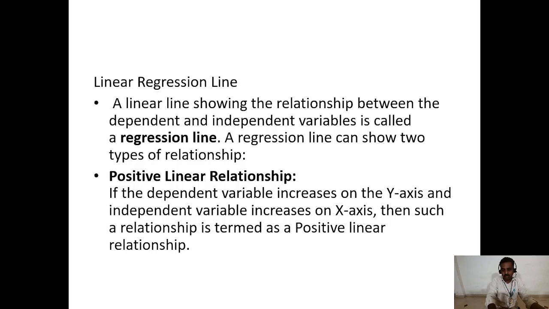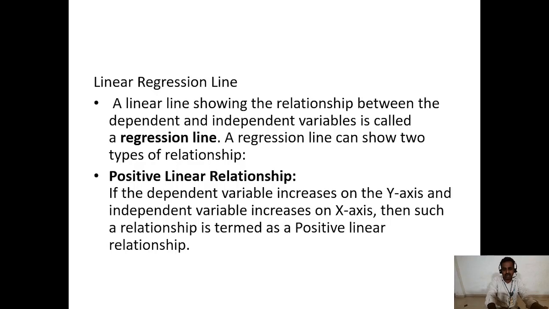In a positive linear relationship, both axes increase. In the y-axis, you increase the dependent variable; in the x-axis, you increase the independent variable. This is called a positive linear relationship.